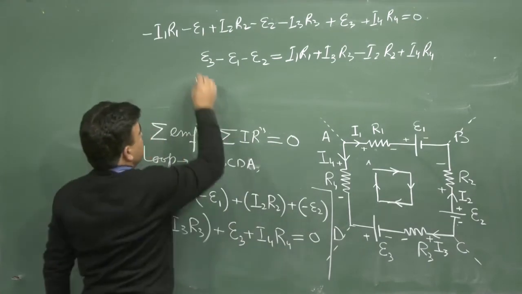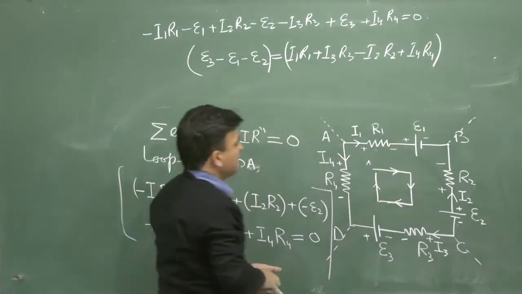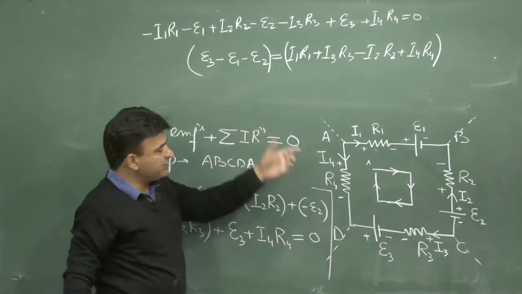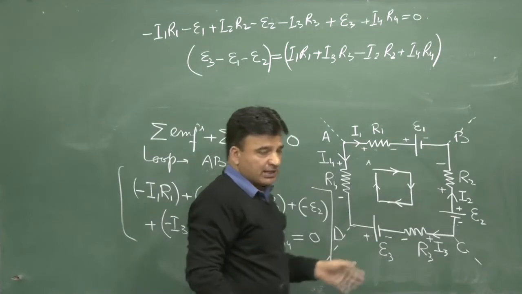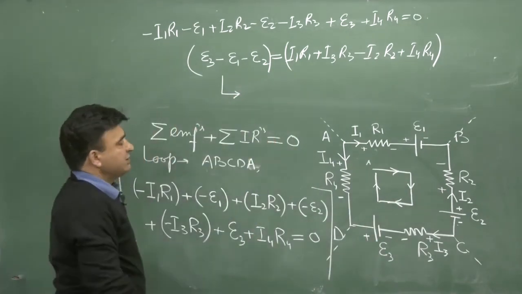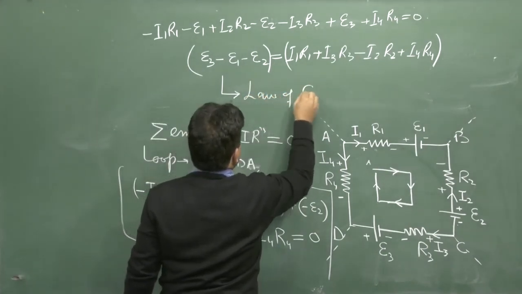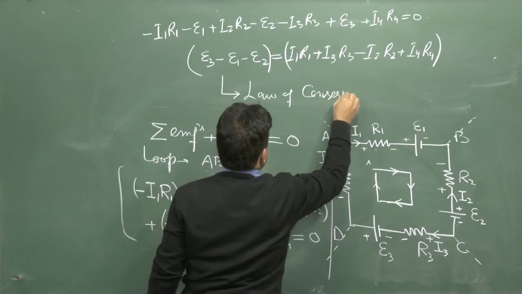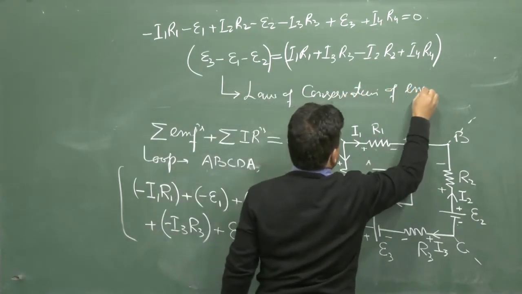Now, from this equation, it is clear that whatever EMF is provided to this closed loop gets consumed by the resistors. That means this law is based on the law of conservation of energy.